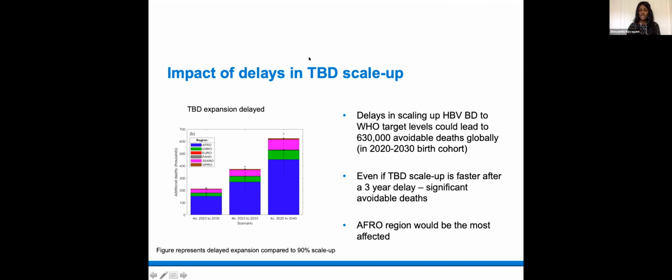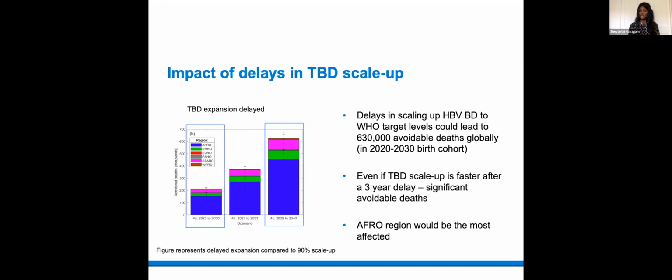And what we can see here is that delays in scale up, and on the right panel, which I've just highlighted here, where we delay scale up for 5 years, and then we reach the 90% coverage by 2040, could lead to about 630,000 avoidable deaths globally in the 2020 to 2030 birth cohort.